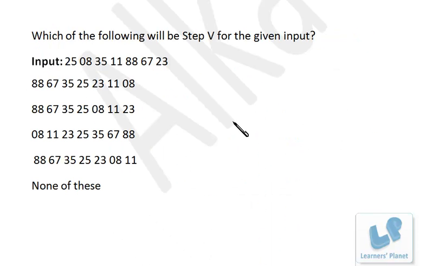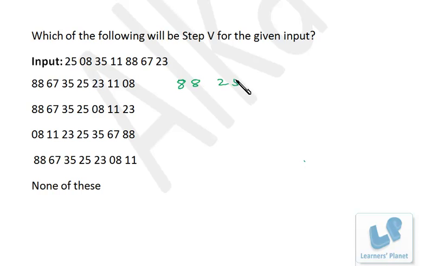Now in this question, which of the following will be step 5 for the given input? Input is this: 25, 8, 35, 11, 88, 67, 23. Now step by step you have to arrange them in descending order, right? So the very first step I'm writing over here is 88.